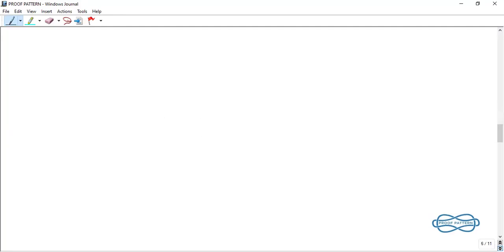Okay, we move toward question number 4. The question 4 is, which of the following sets are closed under the given operation?